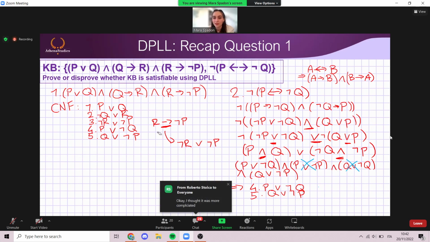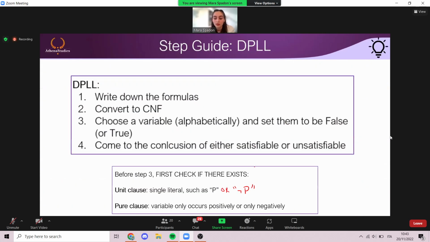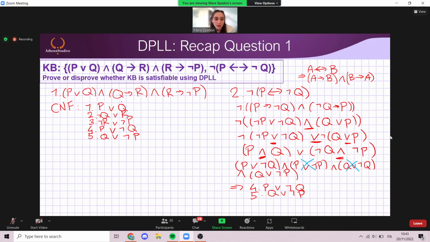Okay, no, it's not more complicated. It was just that, yes. Okay, so now we move on. There are no unit clauses and there are no pure clauses, right? Because a unit clause is just a single literal, and a pure clause, if we see only positive q or only positive p or only positive r, well, that's nowhere. So what do we do? We just choose.